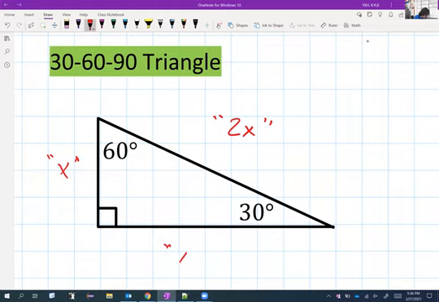And then that longer leg is x root 3. So make sure you have this in your notes and make sure you have a good understanding. Whatever that shortest side is, that's usually where I start. That's kind of my baseline. We're going to call that x. The hypotenuse is double that measurement. And then the longer leg is the shorter leg times the square root of 3.